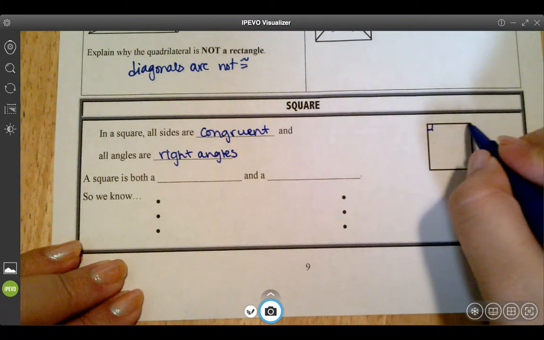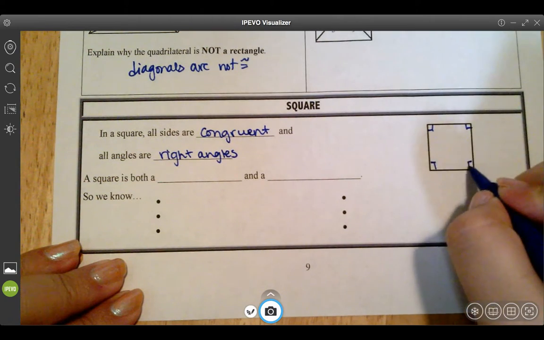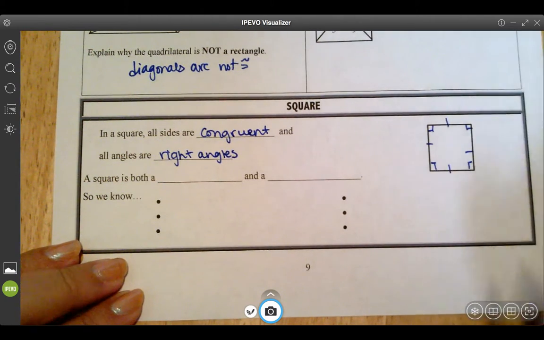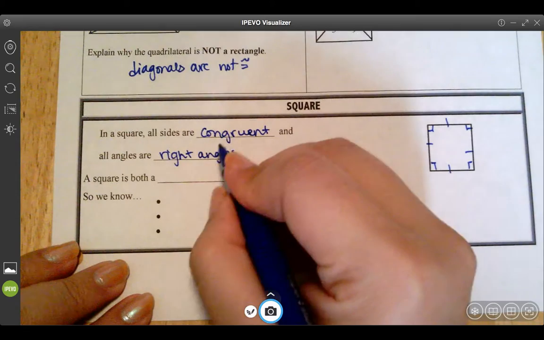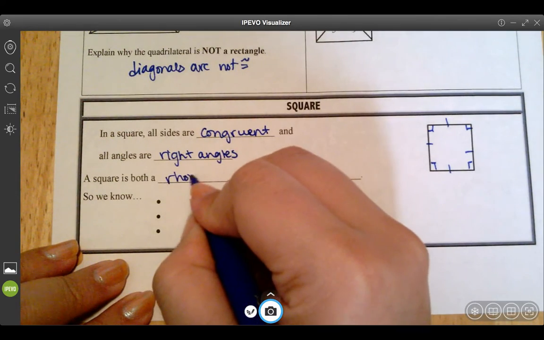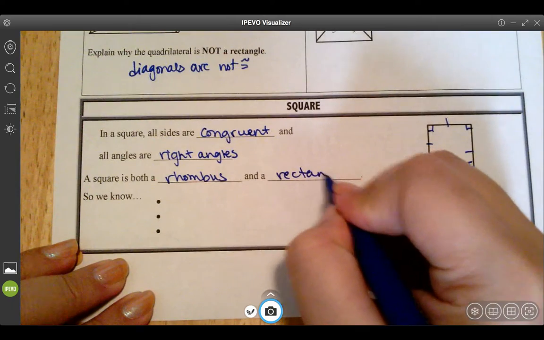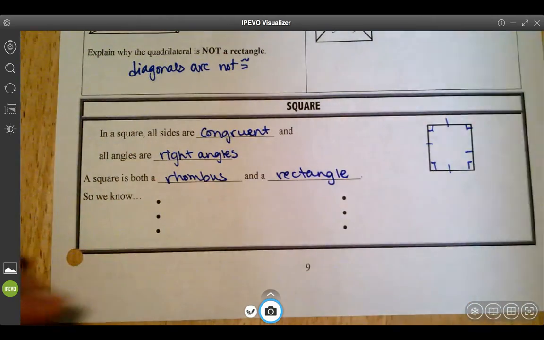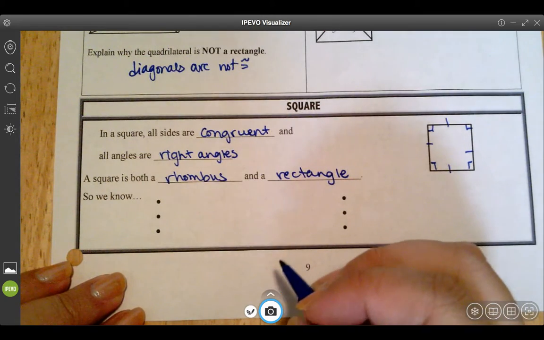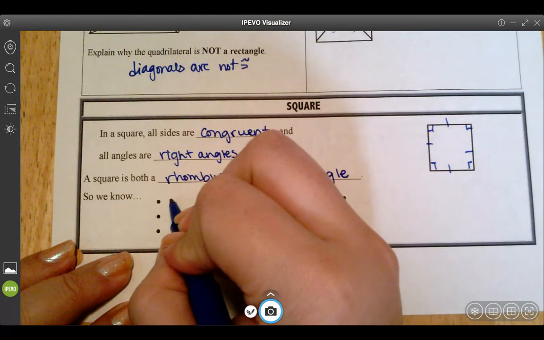So we have all right angles and all sides congruent. So that makes it both a rhombus and a rectangle. So what are the properties that we know? Well, we know that this is a parallelogram. All of these are parallelograms.